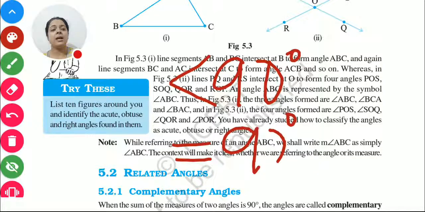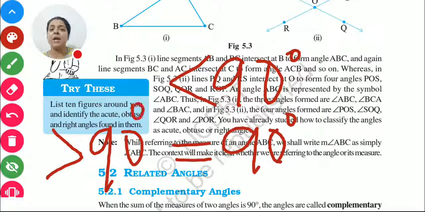And obtuse angle, which is more than 90 degree. So there are three kinds of angles we know. Along with that, we are having more, but first we are going for these three. Acute, which is less than 90. Right angle, which is 90 degree.